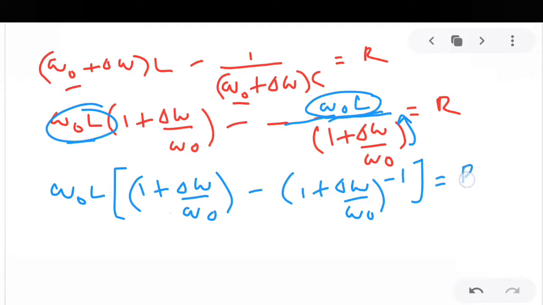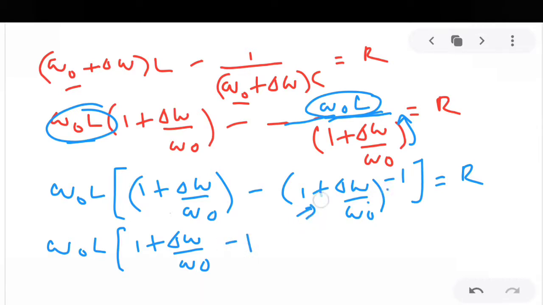So this is equal to R. Now we can use binomial theorem here and open the bracket, so this minus becomes minus, and this is also minus, so plus delta omega by omega naught, equal to R.